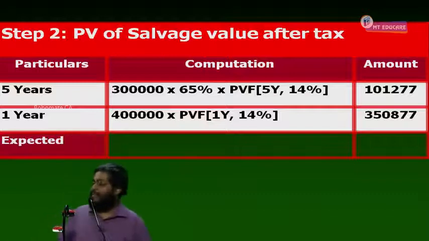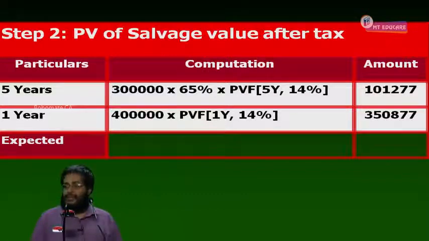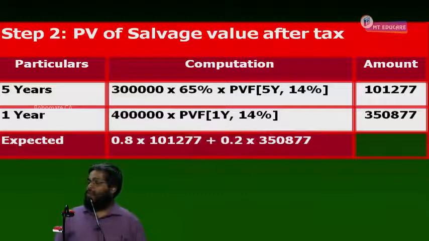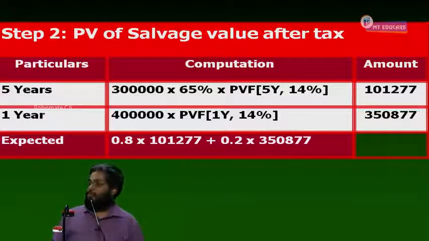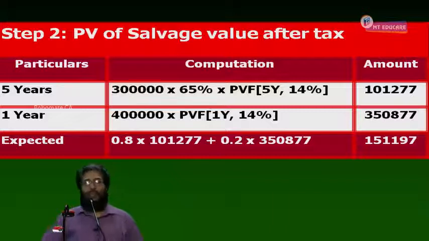Write down expected: 0.8 into 101,277 plus 0.2 into 350,877. Can you work it out and tell me the amount here? 1,51,197. Everybody able to understand it or not?